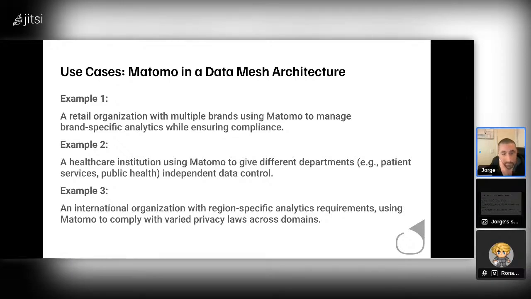Oh yeah, some other key aspects. If you want to use a distributed Matomo infrastructure where you have multiple Matomo installations per brand or different parts of your organization, there are other tools to consolidate data in a data mesh way.